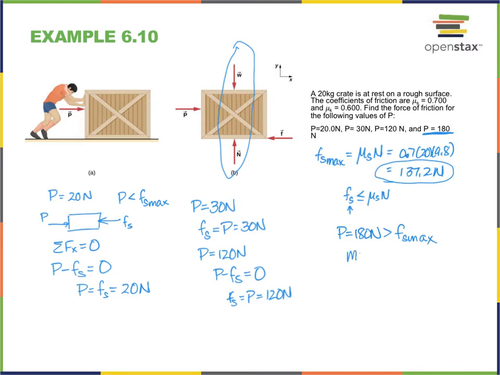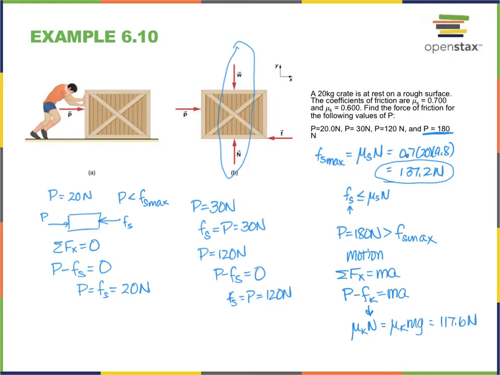So we're going to get motion in this case, which means when we look at forces in the x direction, we're going to have P minus the force of kinetic friction, and that'll give us the mass times the acceleration. And so this force of kinetic friction is going to be the coefficient of kinetic friction times the normal force, which is still equal to mg, which is going to be equal to 117.6 newtons.